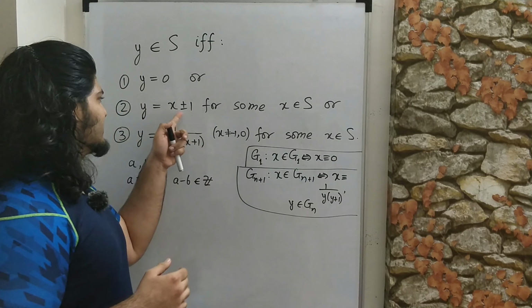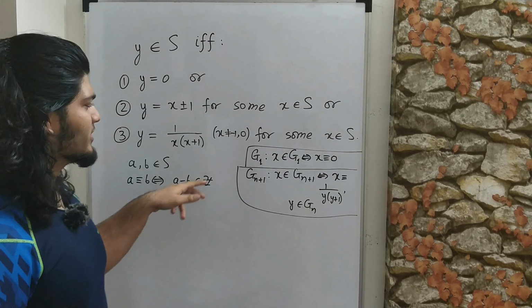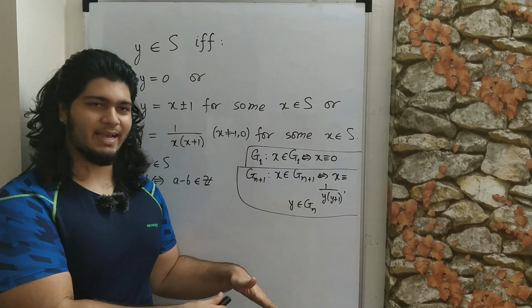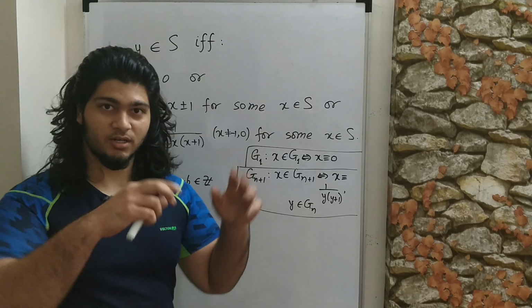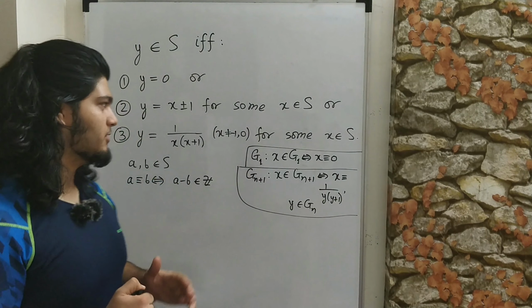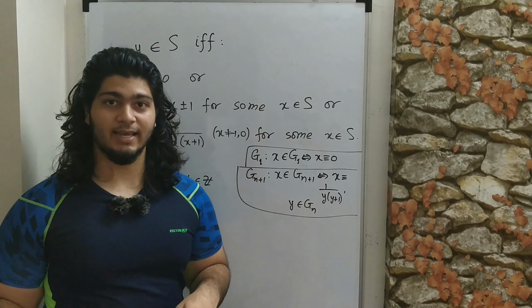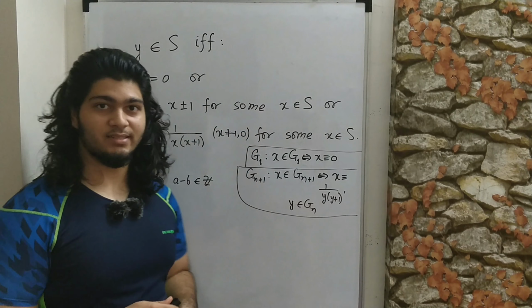So if you just add or subtract 1, we can easily talk about that, but doing this reciprocation thing messes things up. So we want to separate the elements which are formed by doing this reciprocation thing, and we want to further separate the elements which are made by doing this reciprocation thing over and over again. So that's the purpose of defining these generations.